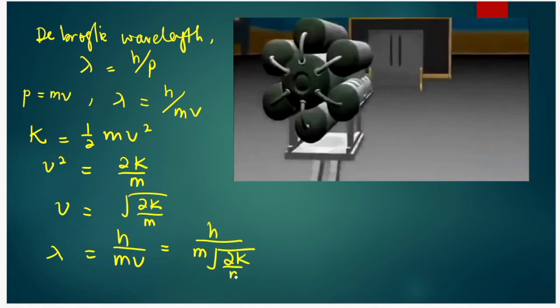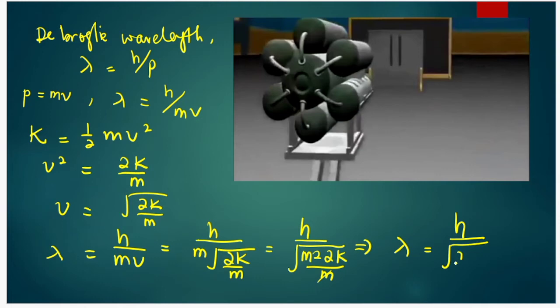Simplify, just a little mathematical operation there, and we get lambda equals h divided by the square root of 2mK, where K is the kinetic energy of the electron.